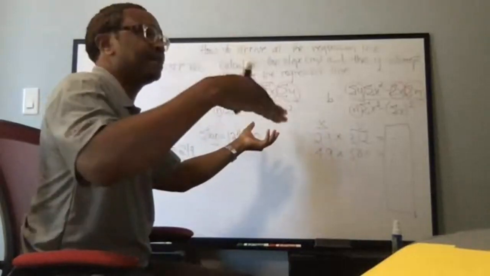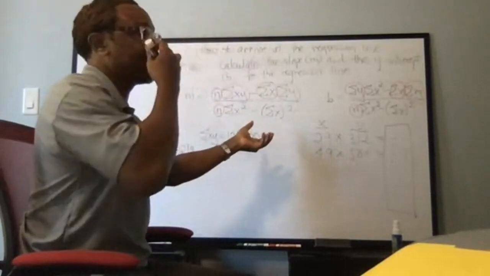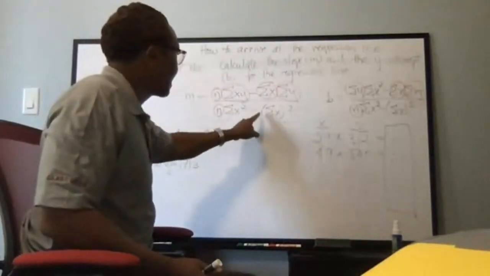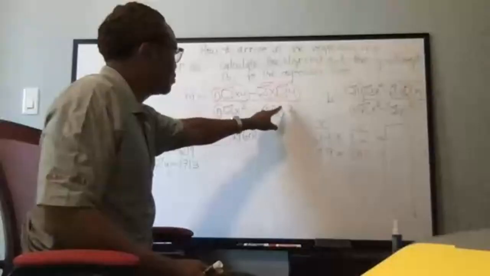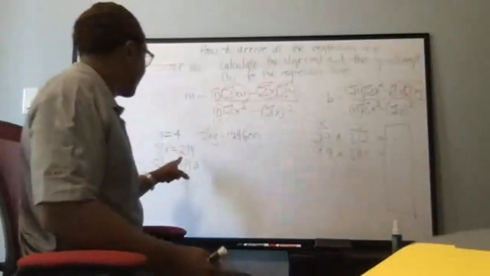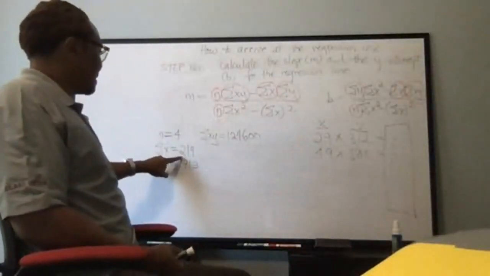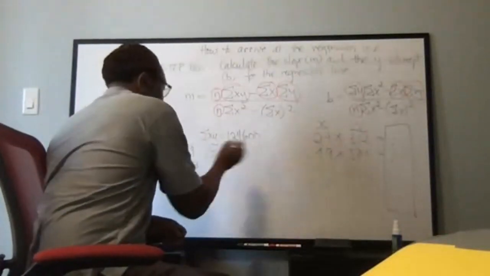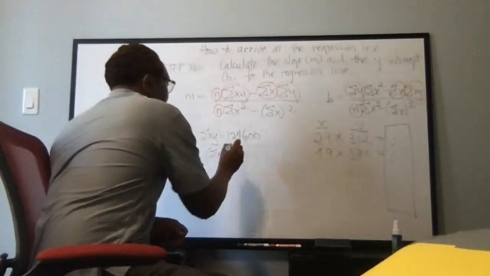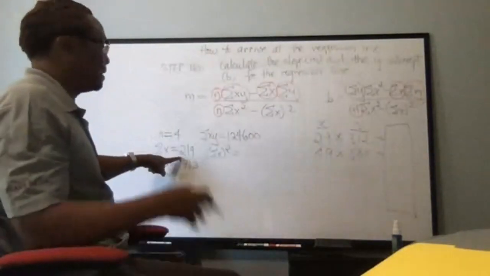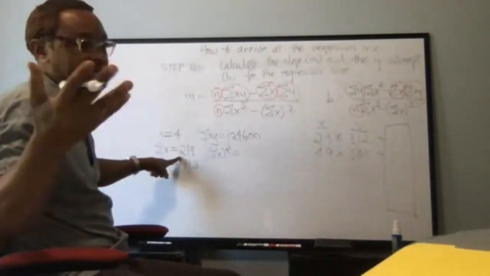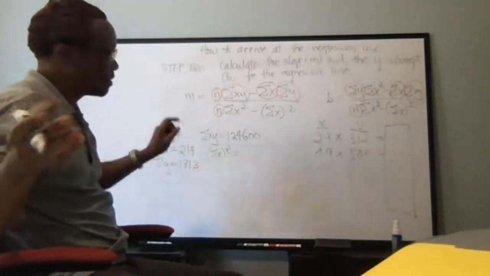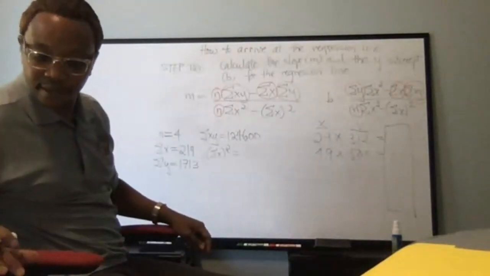So focus on adding them first, and then whatever answer you get right here, square it. So you're exactly right. I'm going to take this 219. So this is summation of x, whatever that is, and then square that answer. So essentially that's going to be 219 times 219, or 219 squared. So everybody find that. What is that?